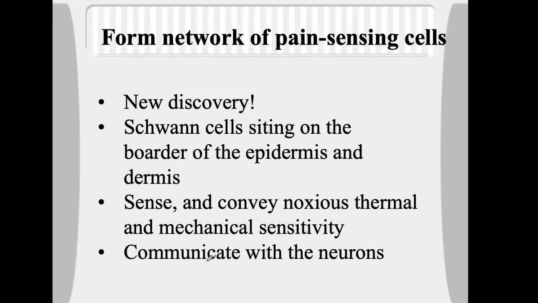Schwann cells recently, there's this new discovery that they've seen some of these on the border of the epidermis and the dermis. So what they're doing there is they're sensing and conveying any thermal and mechanical sensitivity. So anything that's too hot, too cold, or too abrasive is going to receive that signal through these Schwann cells, and then communicate with the neurons.